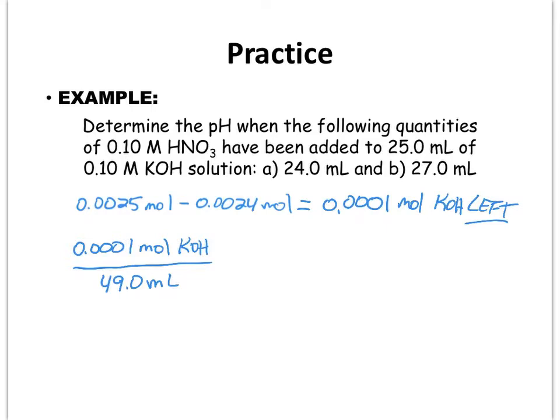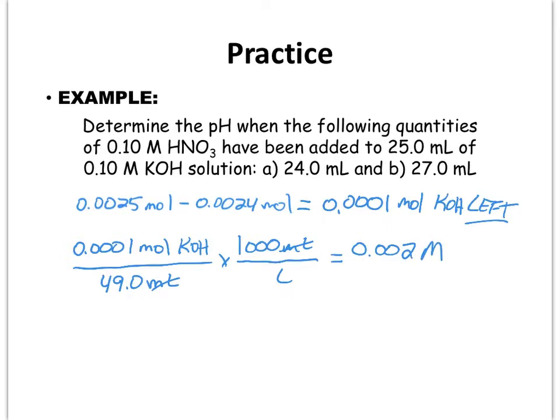So my new volume at this point is 49 milliliters. So if I want to figure out the concentration of the base still remaining, I can convert this quickly. 1,000 milliliters for every liter. Now I'm in moles per liter. Okay, I know the concentration of the base left over here is 0.002 molar.